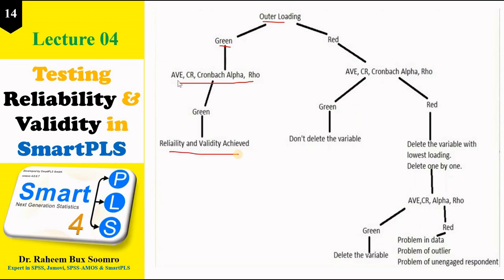Another thing: if any outer loading is in red, then probably there is a problem with the AVE, CR, or Cronbach alpha. If it is green, do not delete the item, but if it is red, delete the item with the lowest loading, and delete one by one.